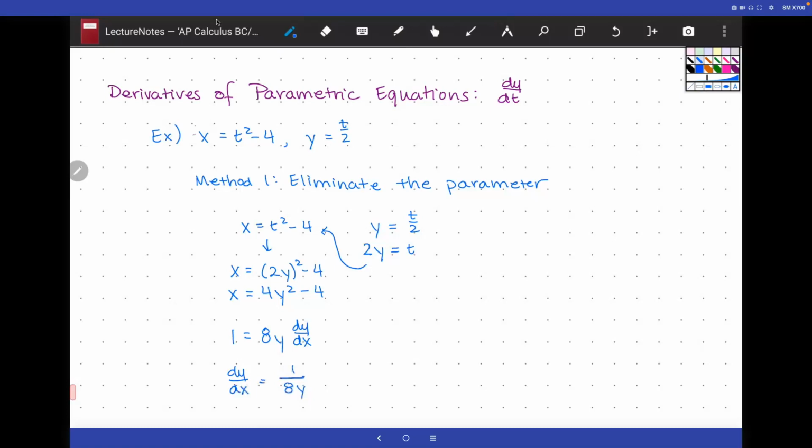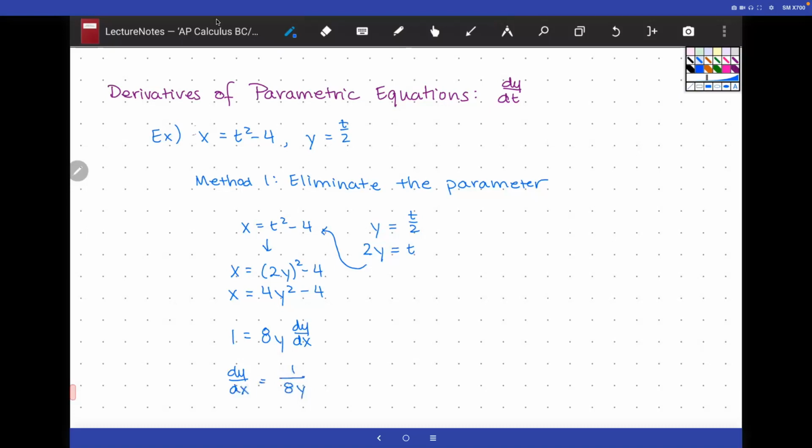So I think this. Let me know if this doesn't answer it. The path itself is on the xy coordinate plane. So when we are describing the speed along that entire path, we want to look at how y is changing with respect to x. We want to look at dy dx.